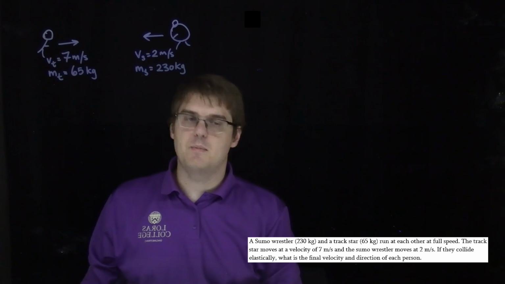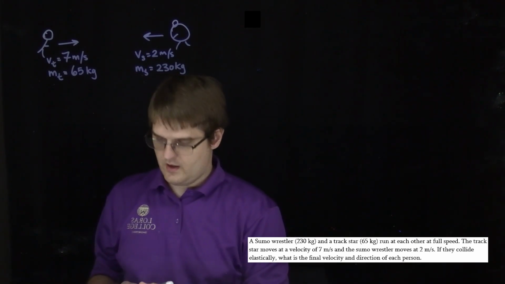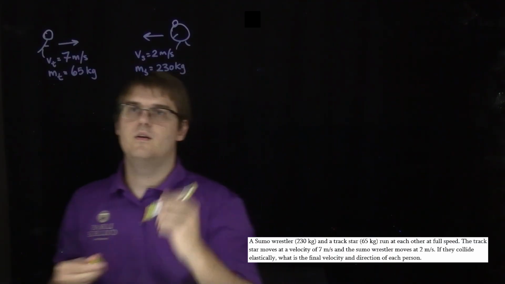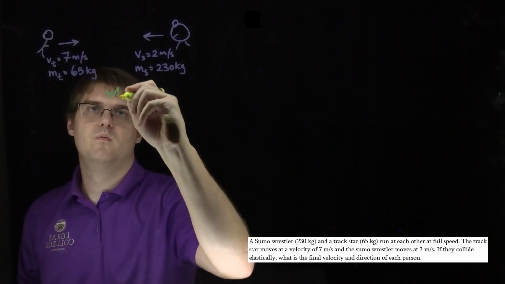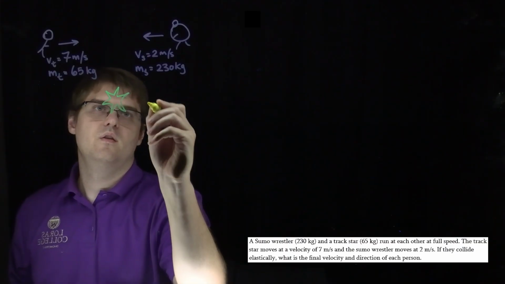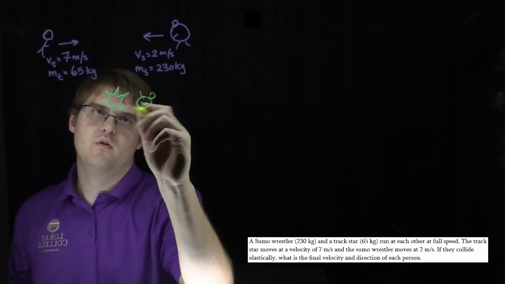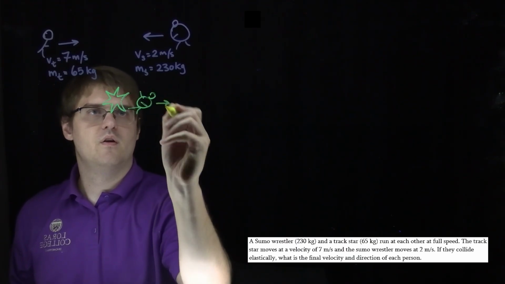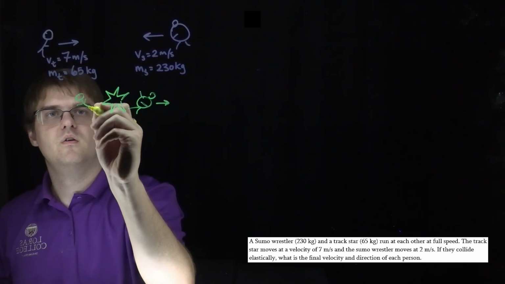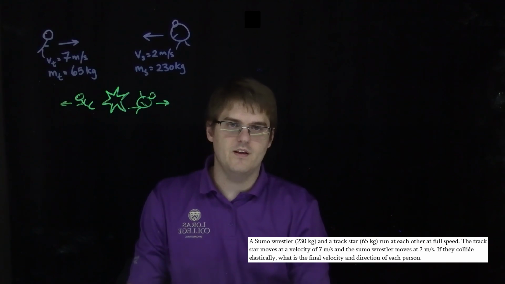So at some point they are going to hit, and the result of that hit should be in some way, shape, or form them being thrown backwards with some velocity.